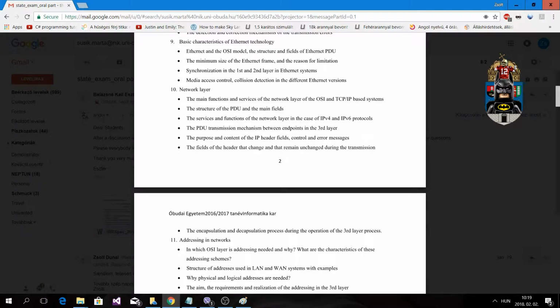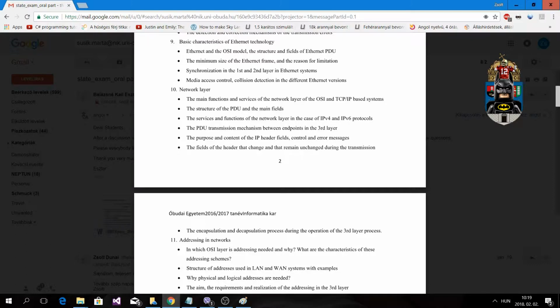So as I said, these are the main fields. Also, there are fields that are mutable, that means they are changing during the transmission, like the time to live. If the time to live reaches 0, then the packet will be discarded, for example if a loop occurs.